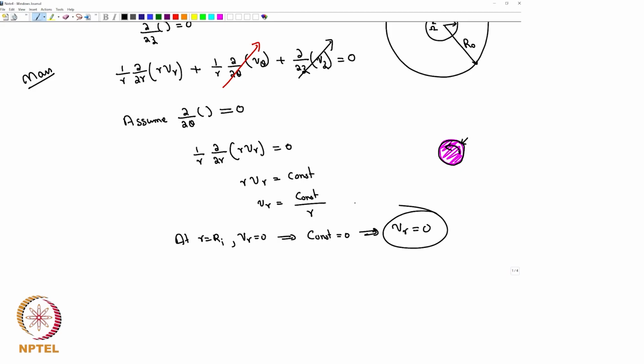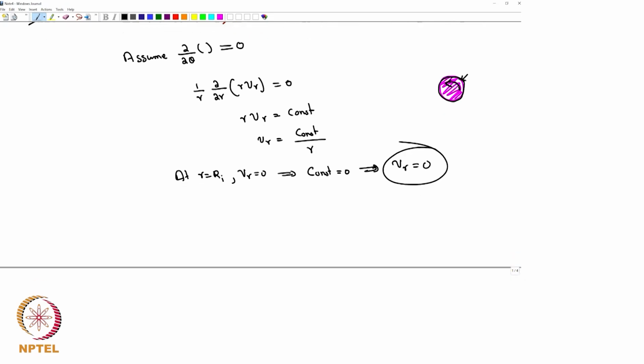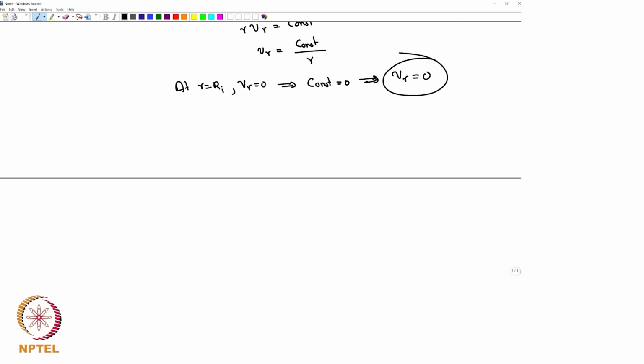Vz is equal to 0 because we have assumed an infinitely long pipe and there is no flow along the length of the pipe. The only fluid flow is in the theta direction, and therefore we only need to worry about the theta component of the fluid velocity.